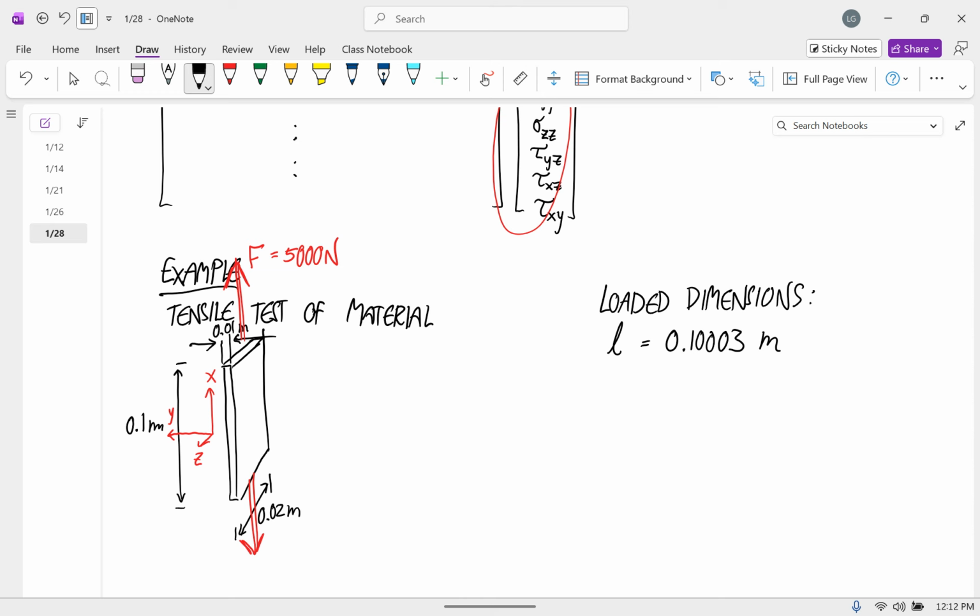So you can sort of get a sense of what kind of precision you need in these measurements to measure this stuff accurately. And then the width that started out as 1 centimeter becomes 0.009949 and then a 2.